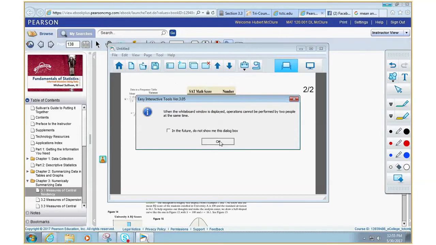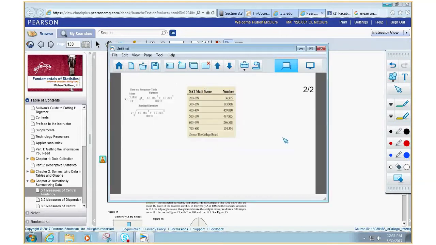Why is the last one 700 to 800 instead of 700 to 799? Typo, or it just finishes out. The actual class width is what? 100. I don't know unless they started with 200. Maybe they just wanted to close it out with 800.